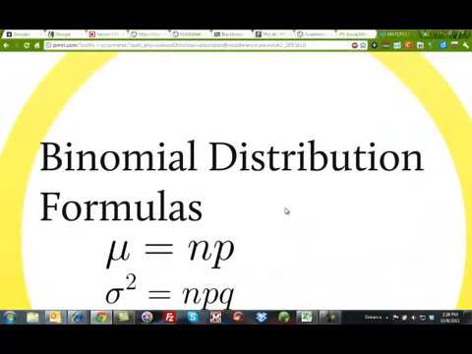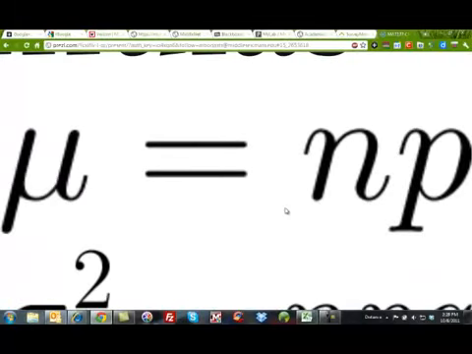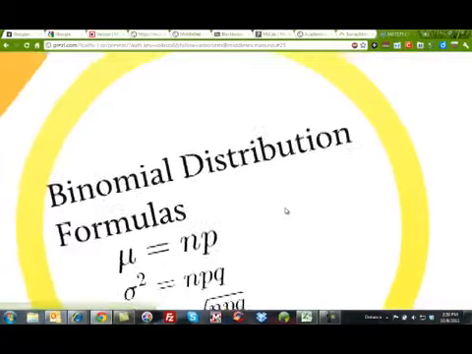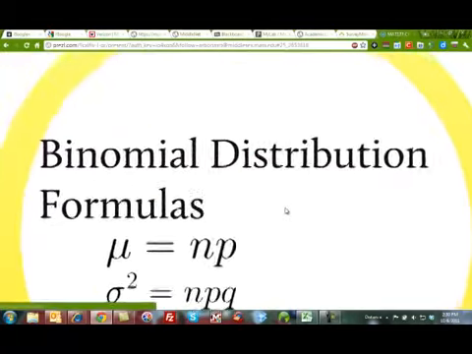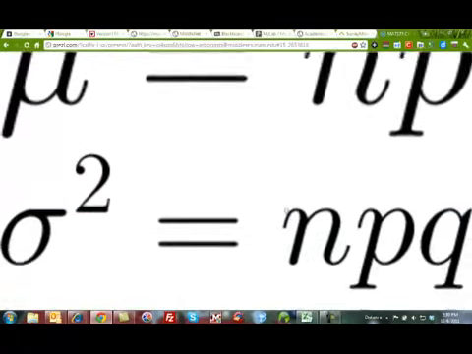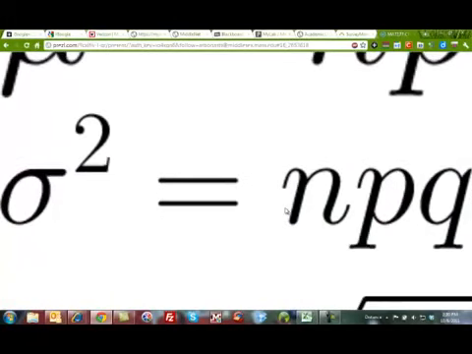Now, the nice thing about the binomial distribution is that the formulas are really easy. Our mean is n times p, so the number of trials times the probability of success. The variance is the number of trials times the probability of success times the probability of failure.